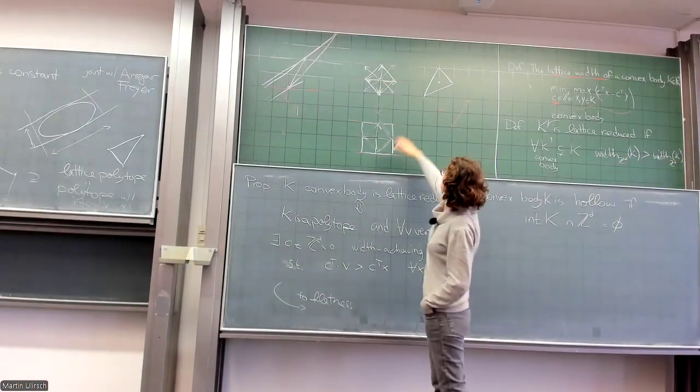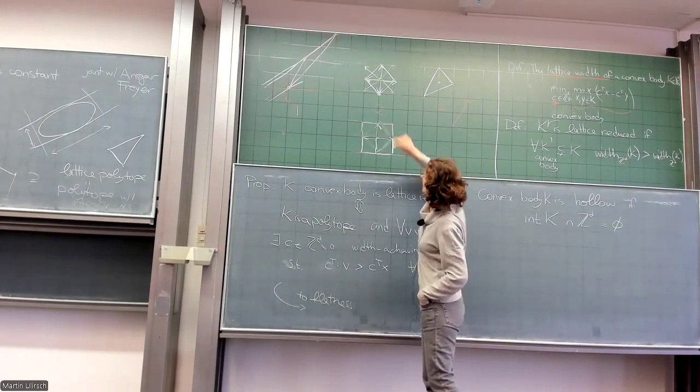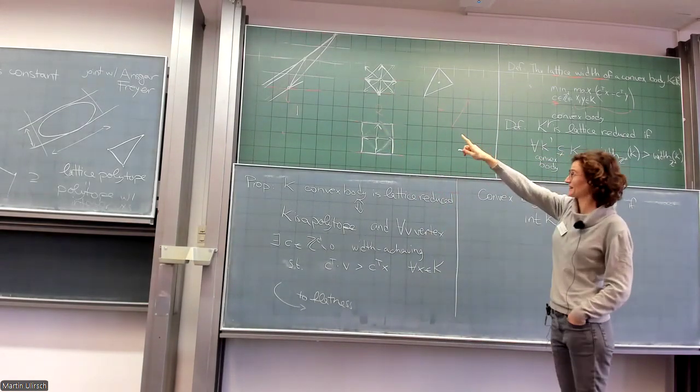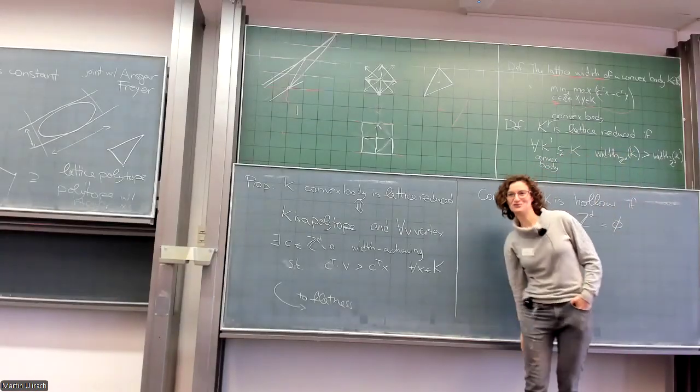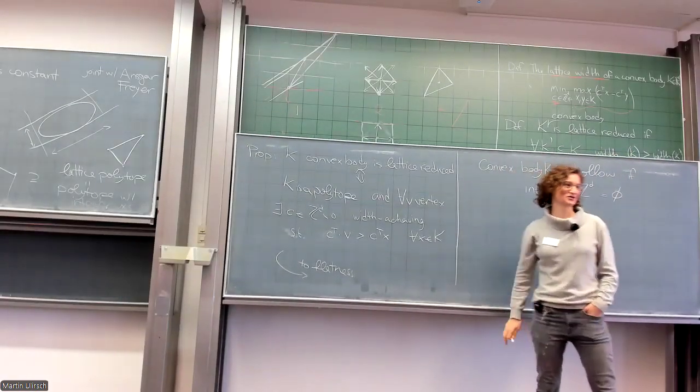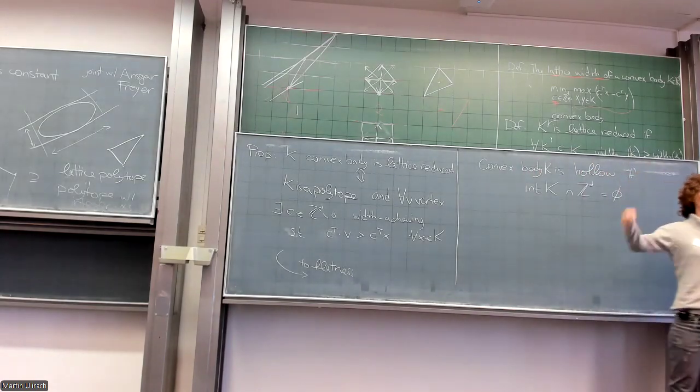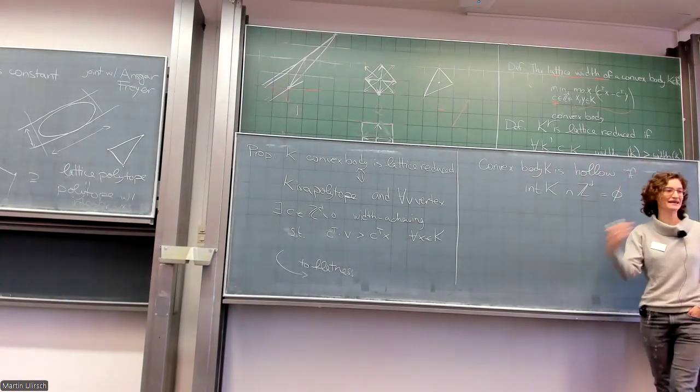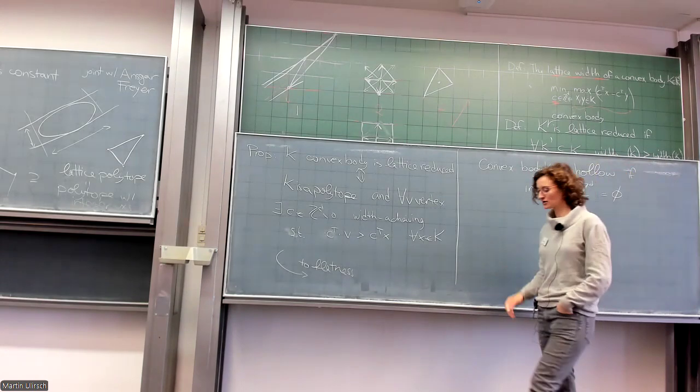So these guys are not hollow. They all have this one point in the interior. That guy, if I see what I drew correctly, which I don't really, so it should be hollow, right? You can have points on the boundary, many, many more than vertices, but they should not go into the interior.